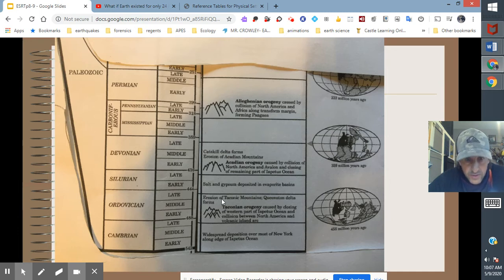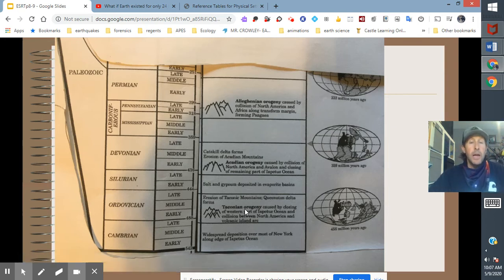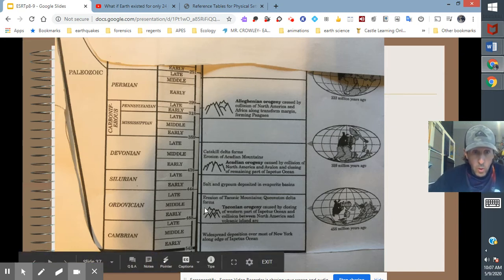Acadian orogeny, Taconian orogeny. Some of these words should sound familiar, like Taconic Mountains, okay? The Taconic Parkway, right? Taconic Parkway is a road that we drive up through the Hudson Valley, and you're driving through the Taconic Mountains, right? And that formed all the way back in the Ordovician, long time ago.